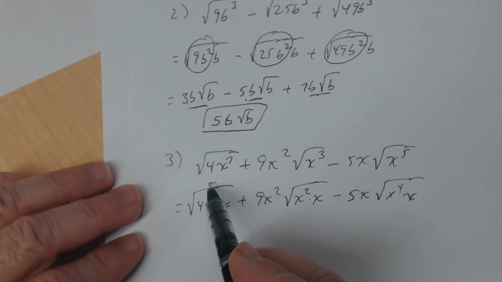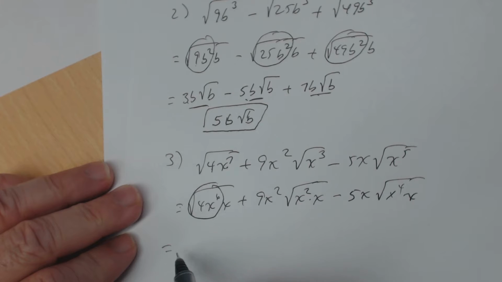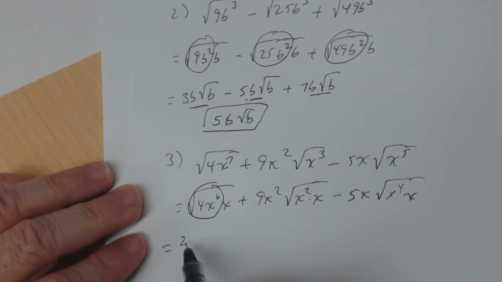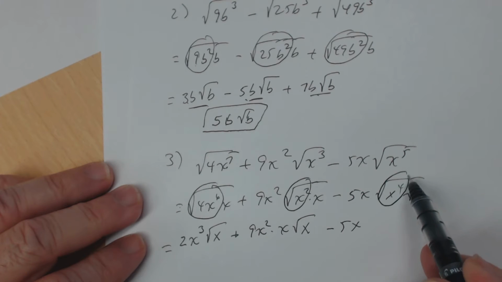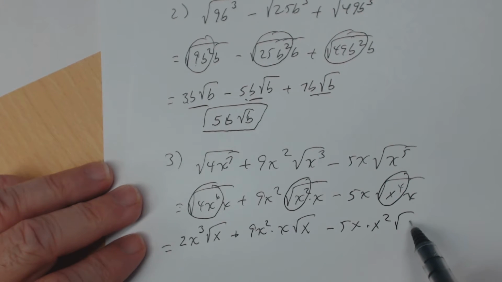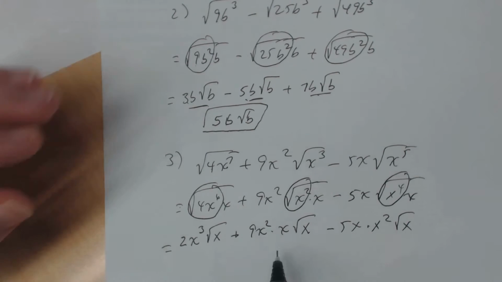Now simplifying this part right here, it's going to be 2x cubed square root of x, plus 9x squared times x square root of x, minus 5x times x squared square root of x. Alright, now let's simplify what we can.